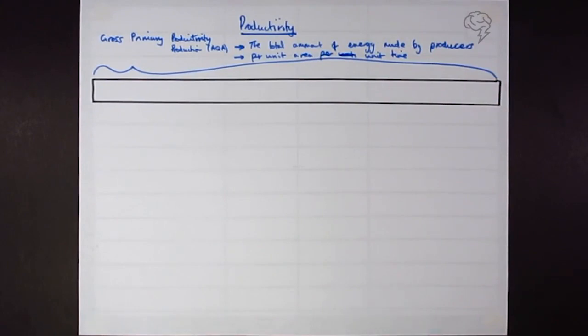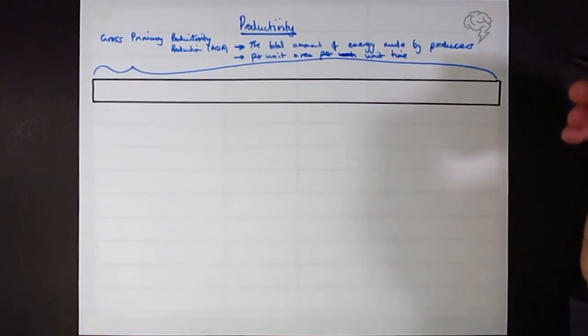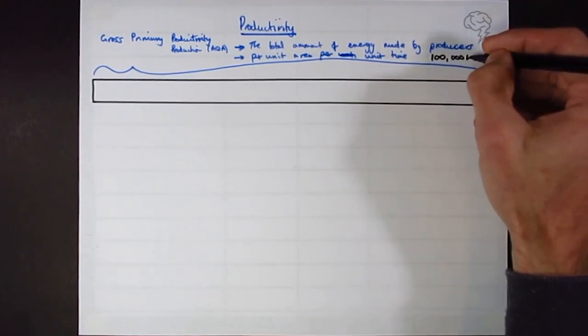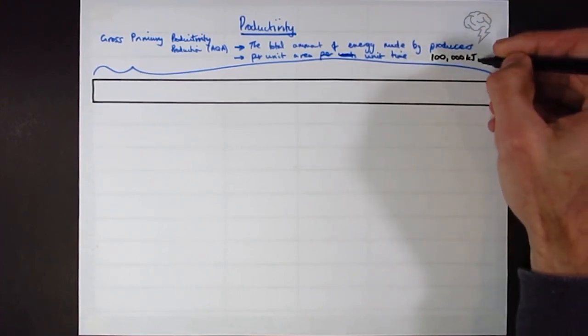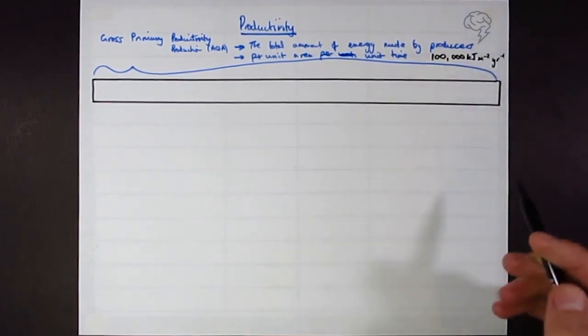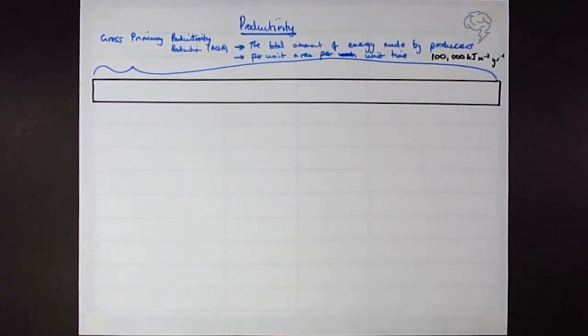I'm going to probably do these in black to make them stand out a little bit. Let's say, for example, we're going to use nice round numbers to begin with. This is 100,000 kJ per meter squared per year. Again, we need to include the time because this is going to change throughout the year, if it's summer or if it's winter, etc.